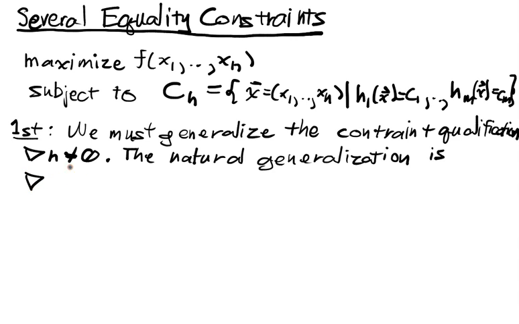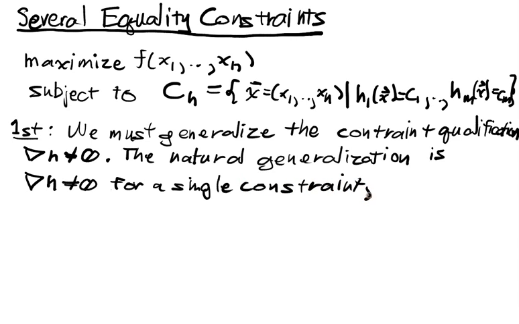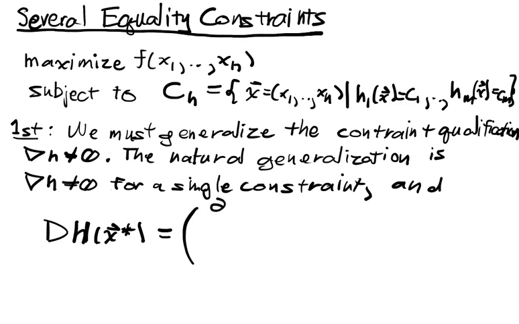well, if there was just one constraint, we just say the gradient of h does not equal 0 for a single constraint. And Dh, we'll call it capital H of x star, equals the Jacobian of the system of constraints.